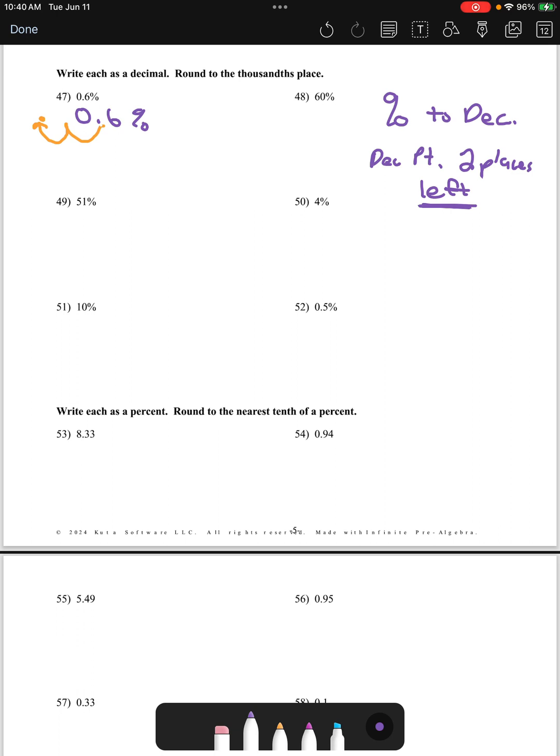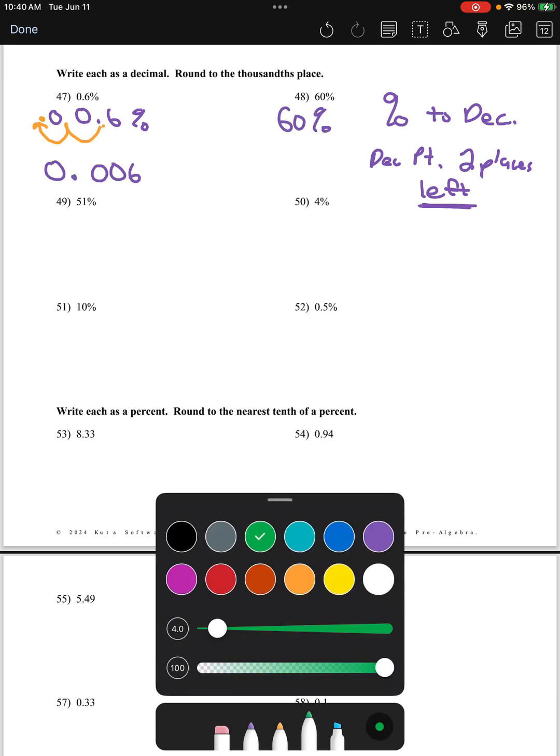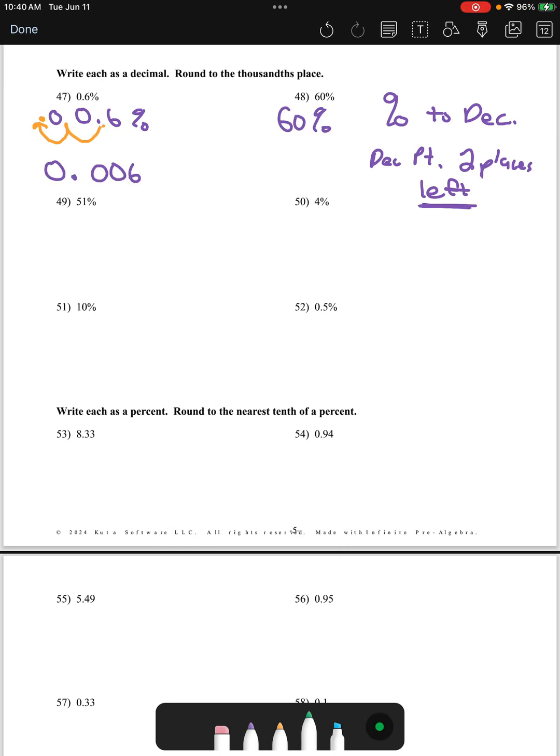So if I start with 0.6% and I move the decimal point 2 places to the left, fill in my gap, write my final answer with my 0 in front of the decimal point as well. 0.6% as a decimal is 0.006.